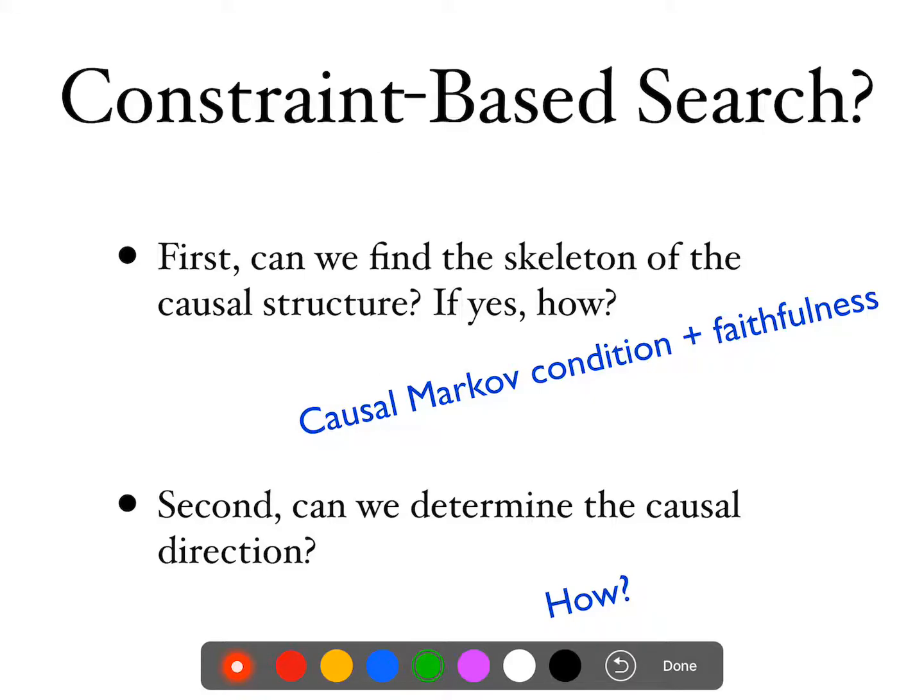But this skeleton is different from that undirected graph. Why? Let me give an example. Suppose X and Y are independent, they are not adjacent, and they are causes of Z. In this case, the learned Markov network will be fully connected. But if you learn the skeleton of the causal graph, you will end up with this.